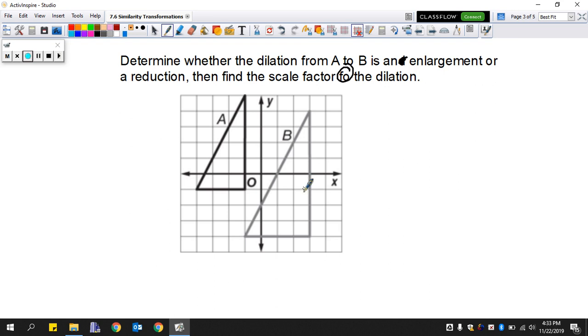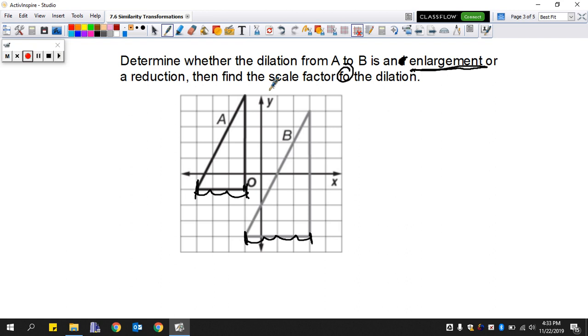Pick a straight side, and I'm going to go from here to here. If I count, I've got 1, 2, 3. So that particular side length is 3. This corresponding side length is 1, 2, 3, 4. So B is bigger than A, so it is an enlargement.